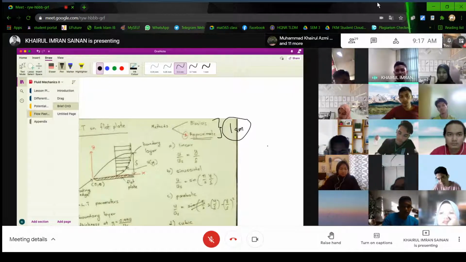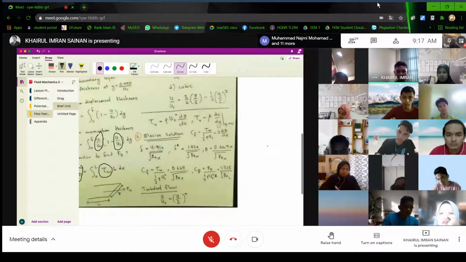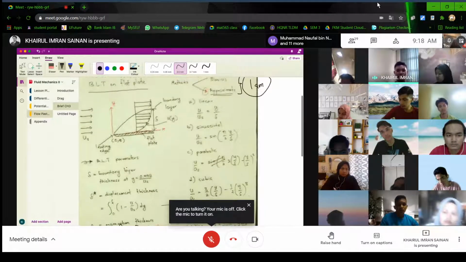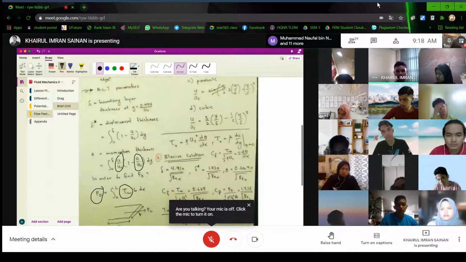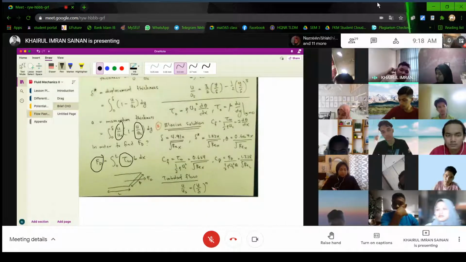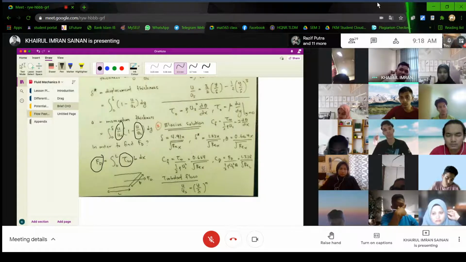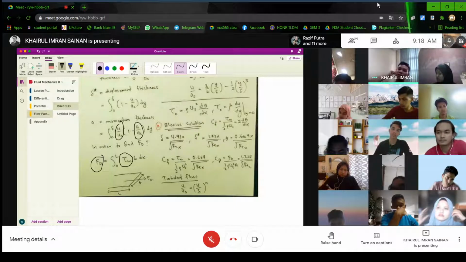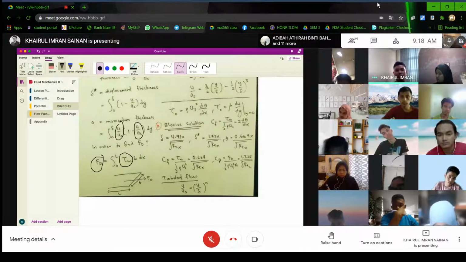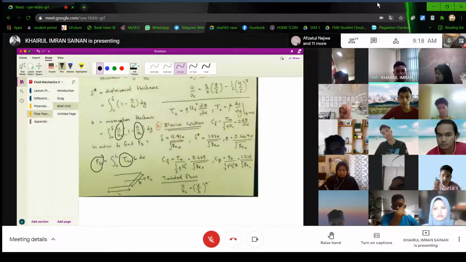Okay, next is turbulent flow. For turbulent flow, we're going to use the approximate approach. It's not the Blasius solution, but we have some form of direct equation. But normally what we do is derive for turbulent flow. So the equation will be u divided by u stream equals y over delta to the power of n.